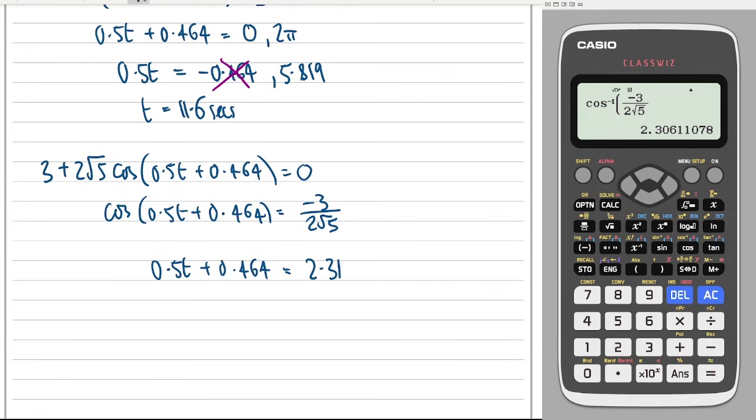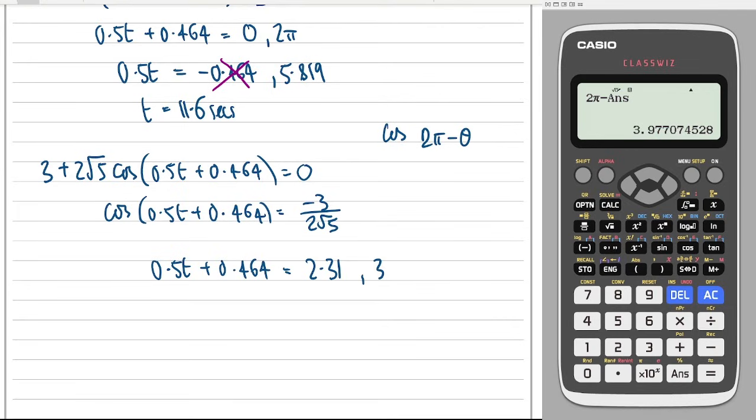Now, whenever you find a trig function, you want to find the second value, and the second value for cosine is 2 pi minus the first value. So I'm going to do 2 pi minus answer, and I'm going to get my second value, which is 3.977.